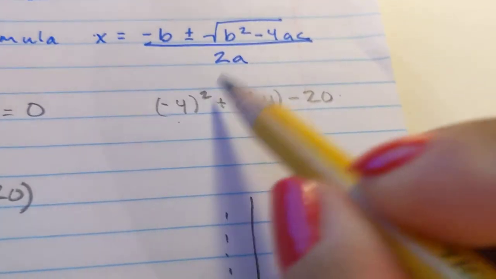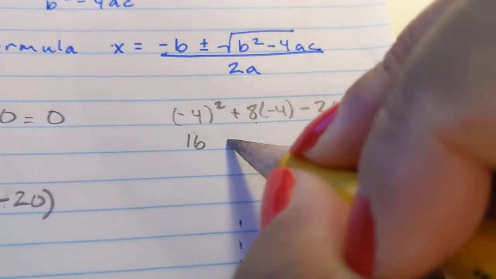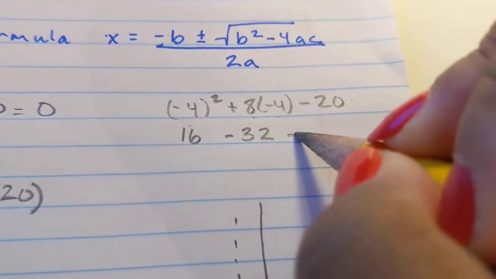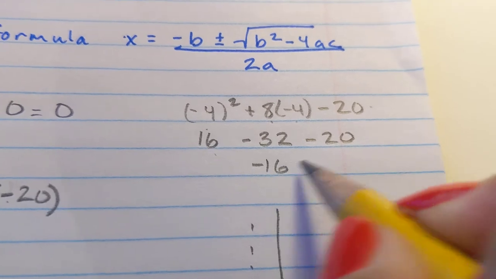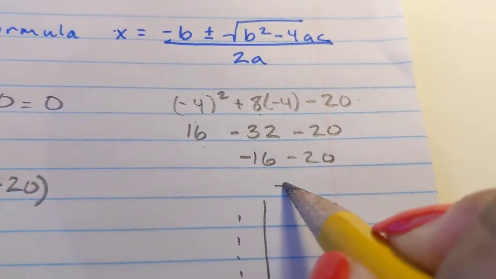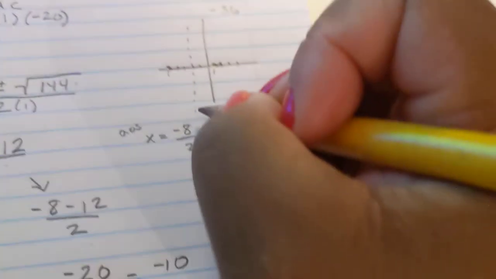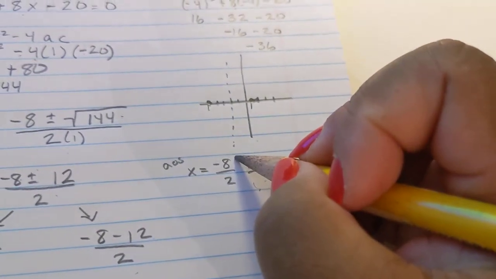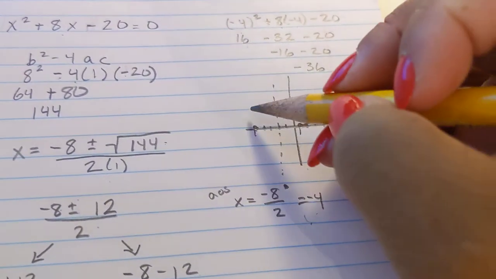And so I have negative 4 to the second power, which gives me 16. I have 8 times negative 4, which gives me a negative 32, and then minus 20. This is going to give me a negative 16 minus 20, which gives me a negative 36. So my vertex is going to be somewhere way down here. I'm just going to put the point there because I'm not drawing all the way down to 36.